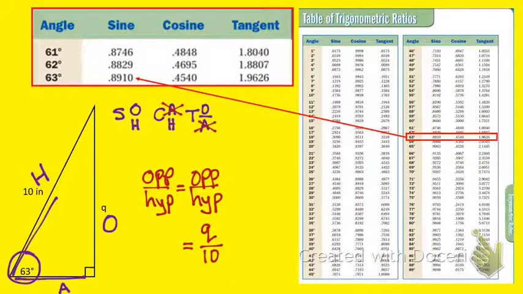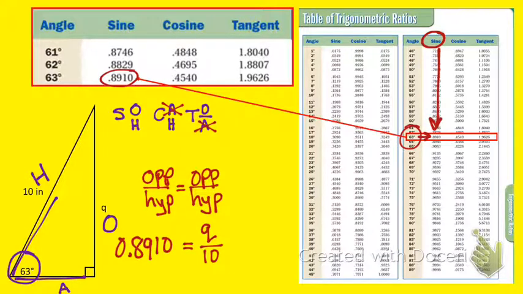So if we go to the trig table and find our trig ratio, which right now is sine, and we find our angle, and our reference angle is 63 degrees, and we find where sine and 63 degrees intersect, they intersect at the decimal 0.8910. So we know that in every 63 degree right triangle, when you take the opposite side and divide it by the hypotenuse, you will get the decimal 0.8910.